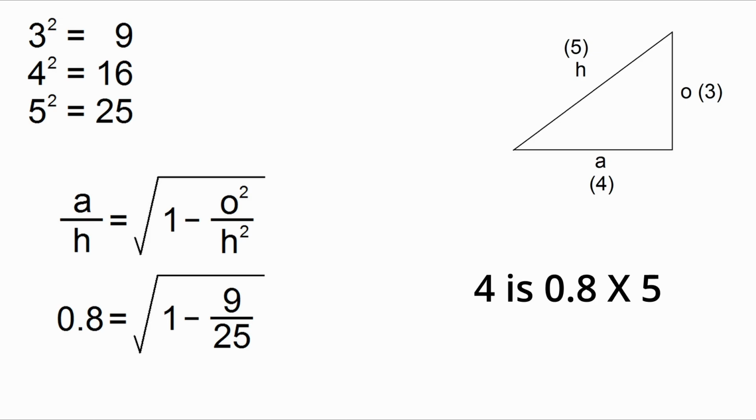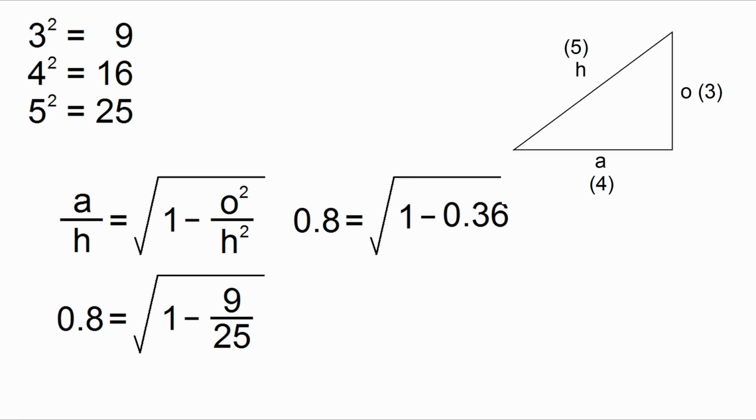So 0.8 is the decimal fraction length of the adjacent, 9 is the square of the opposite, and 25 is the square of the hypotenuse. 9 divided by 25 gives 0.36, so now we have 0.8 equals the square root of 1 minus 0.36. And so we subtract 0.36 from 1, so now we have 0.8 equals the square root of 0.64, which is correct. So this shows that the core equation of the Lorentz transformation is actually the Pythagorean theorem.